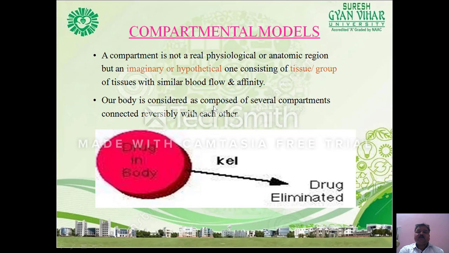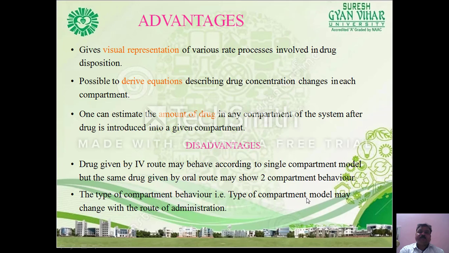Our body is considered as composed of several compartments connected reversibly with each other. So this is a one compartment. This is KEL, representing the elimination rate constant, and the drug is eliminated, mainly through the kidneys.